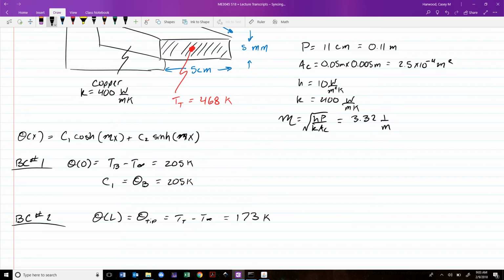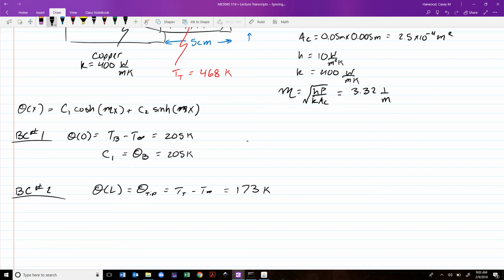73 Kelvin. And so if we plug in L for x in each of these equations, we end up with theta L equals theta b cosh ml plus C2 sinh ml, which is equal to theta tip, right?